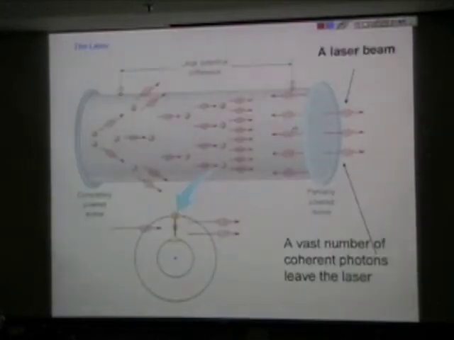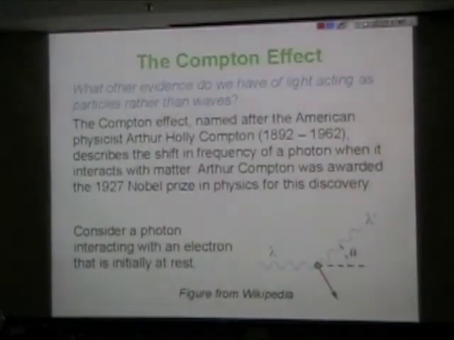Well, light is very important because of lasers, and lasers now are everywhere. We can explain two very important phenomena in terms of particle properties of light. First phenomenon, the Compton effect. Well, basically, this is what it is.